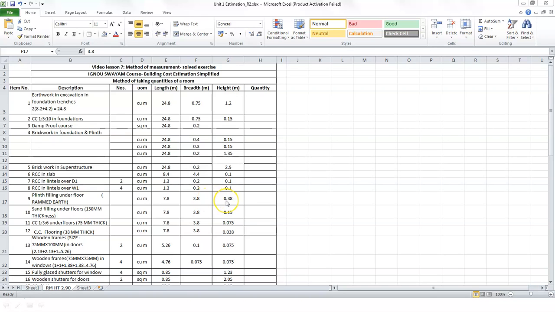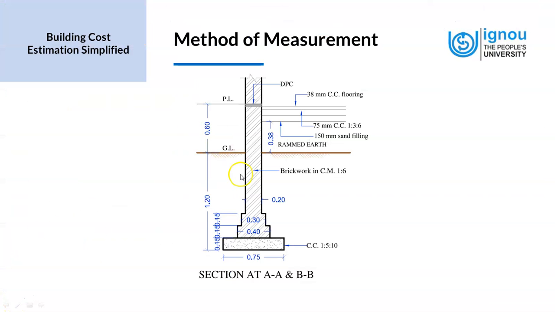Now, how do we find the thickness of the plinth filling in rammed earth? For that, we will refer to the section drawing. In order to understand the thickness of the rammed earth, the height that we have to find out, we refer to the section drawing of the foundation. In the section drawing, we see that the rammed earth is from the ground level to 0.38 meters level.